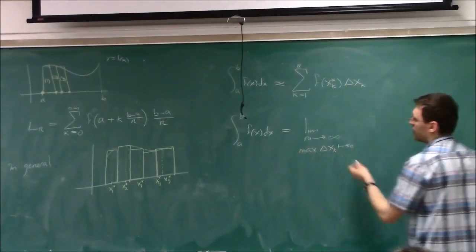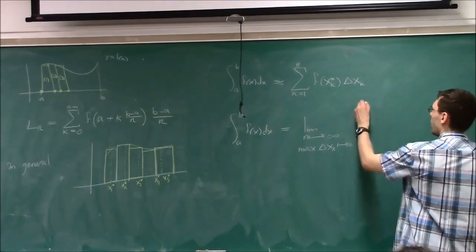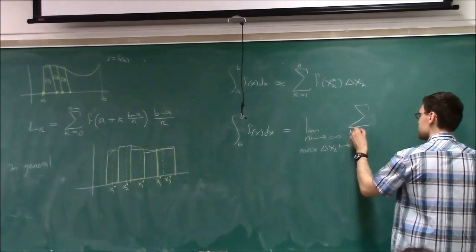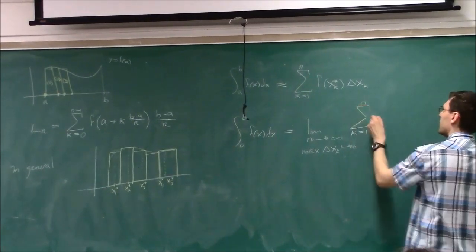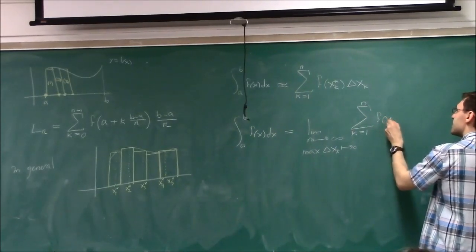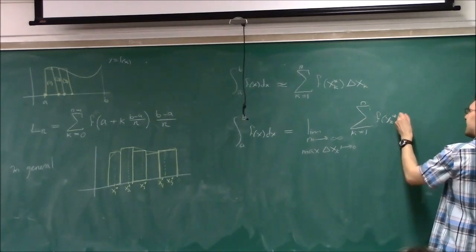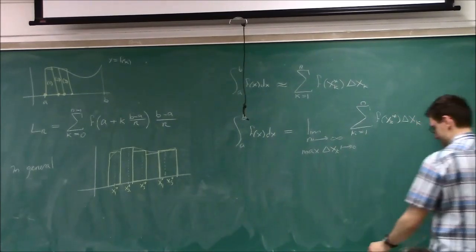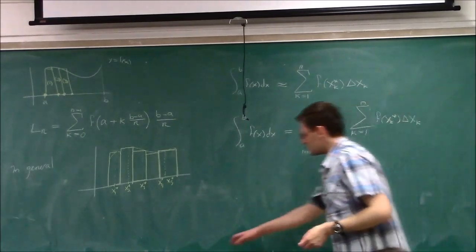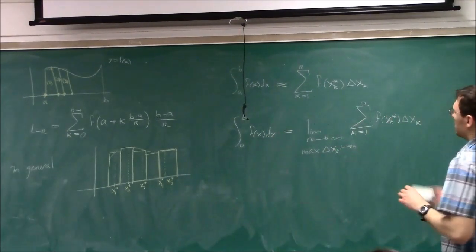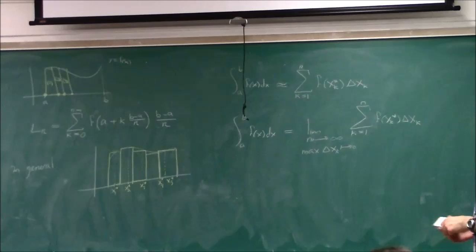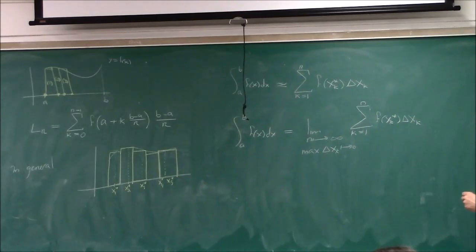So that tells you that you are forcing the widths of rectangles to go to 0, of any sum of the form k equal 1 to n of f of xk star delta xk. Okay? So using this, basically just the understanding that really when we are doing integration, we are just summing over a bunch of rectangles gives us many properties of the integral. Okay? So let's consider properties of the integral.